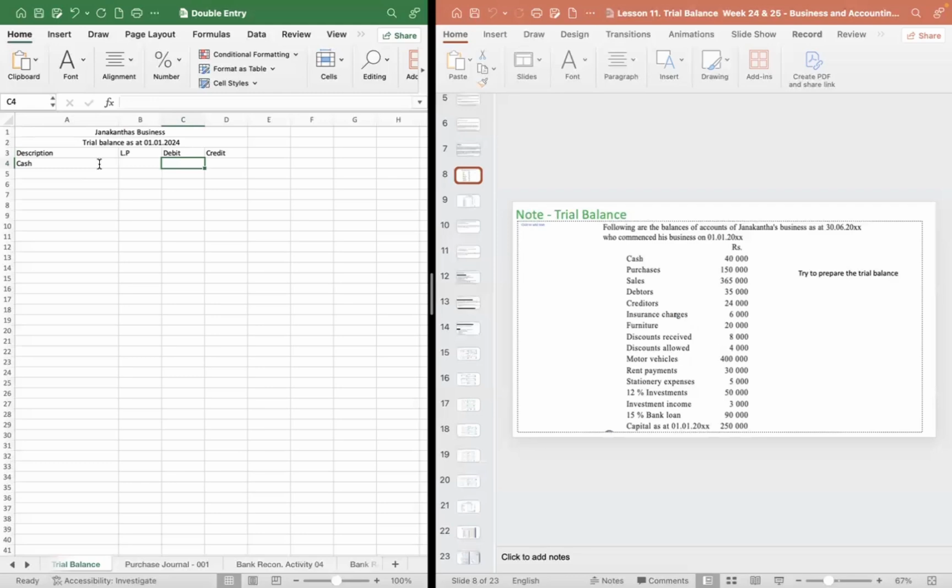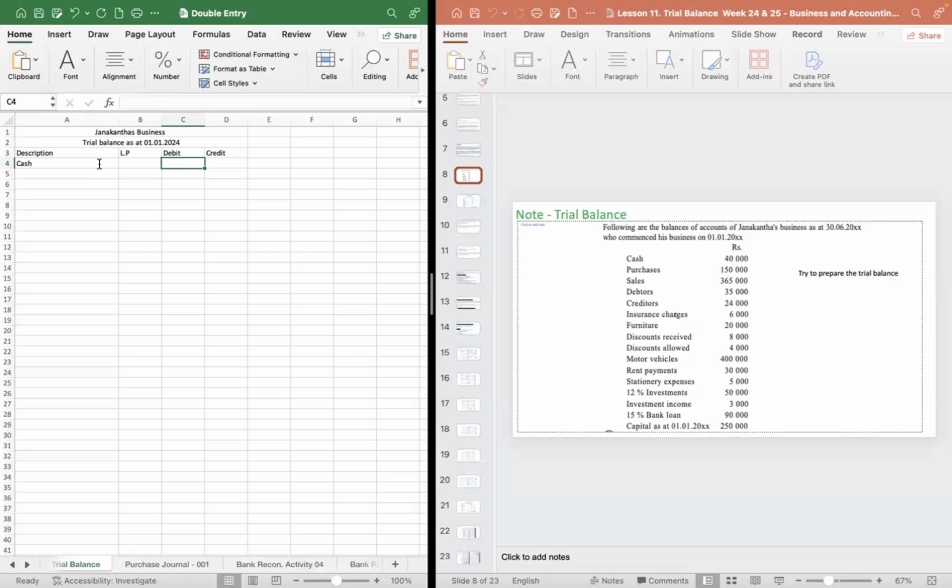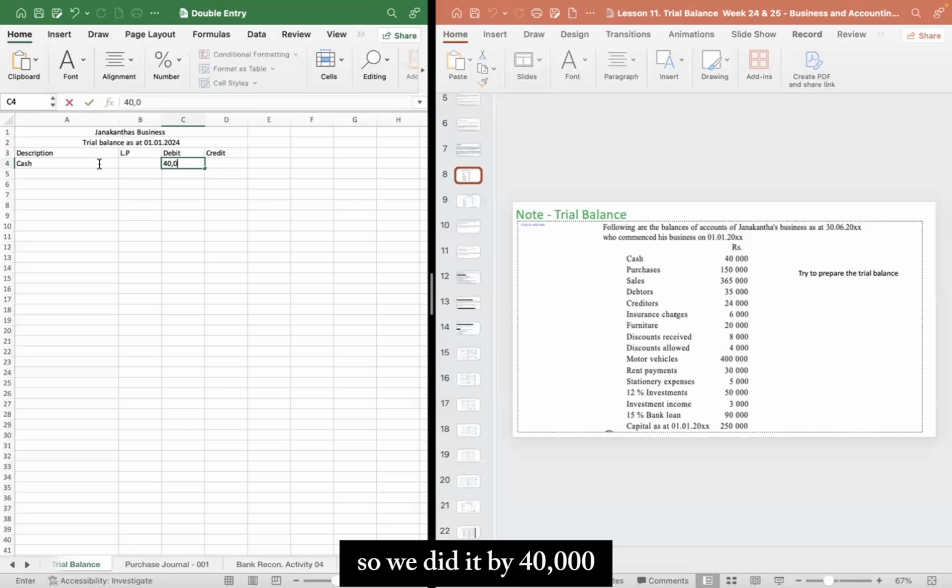If an asset balance increases, we debit. So an asset balance is a debit. So we debit by 40,000.